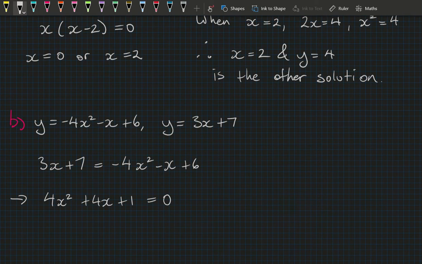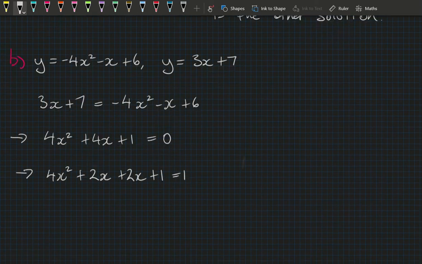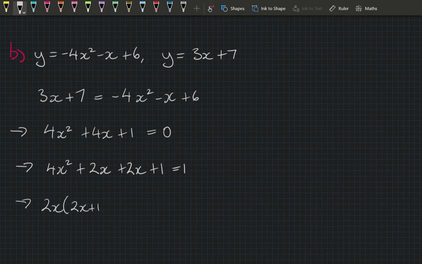And 4 times 1 is 4, and factors of 4 that add to 4 are 2. So I'm going to break up the 4x into 2x plus 2x, and that gives us 4x squared plus 2x plus 2x plus 1 equals 0. And taking out the common factors, I've got 2x times 2x plus 1, plus 1 times 2x plus 1 equals 0.